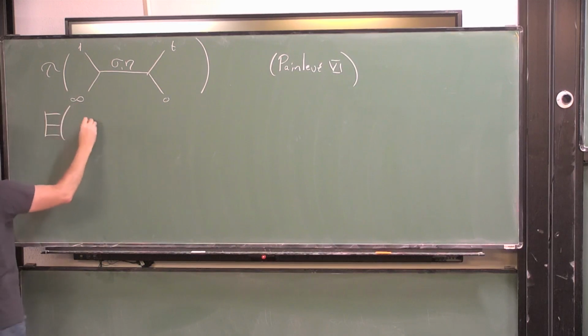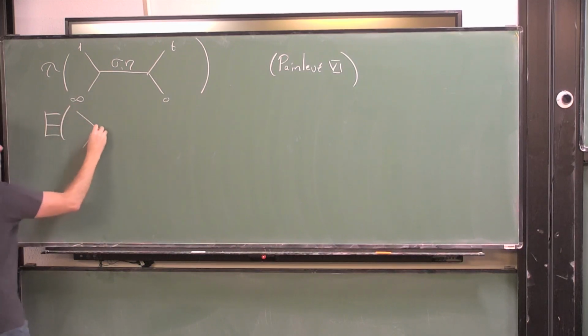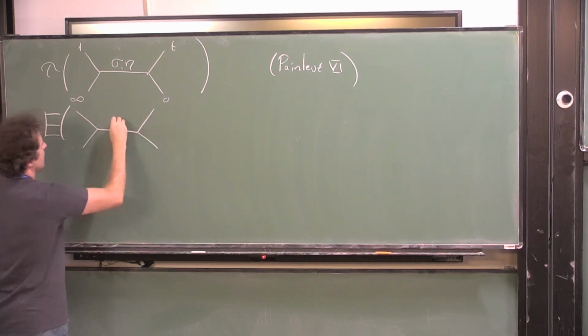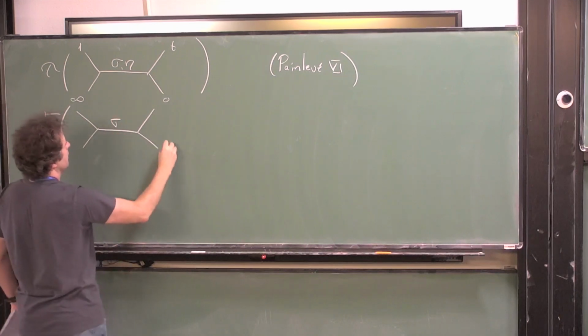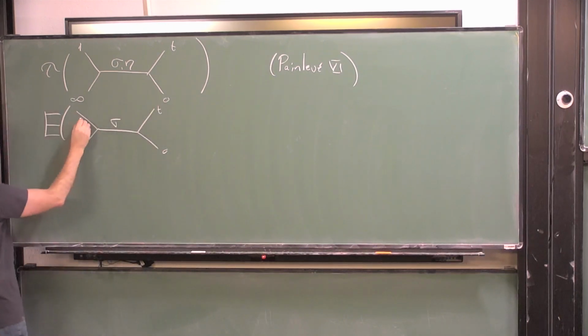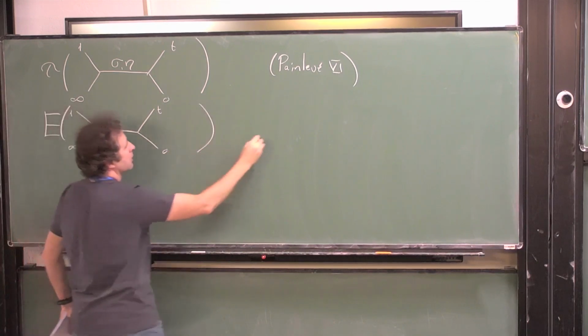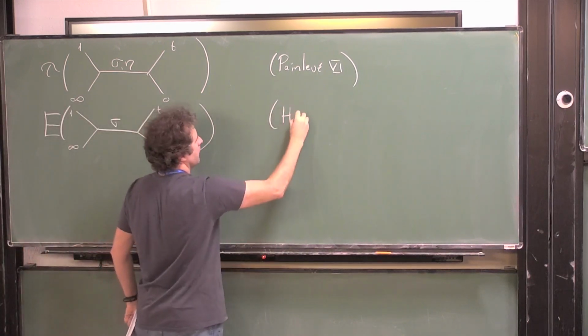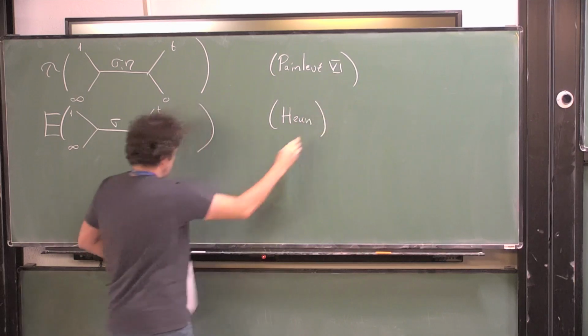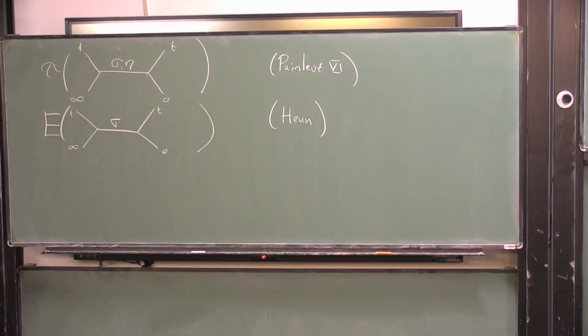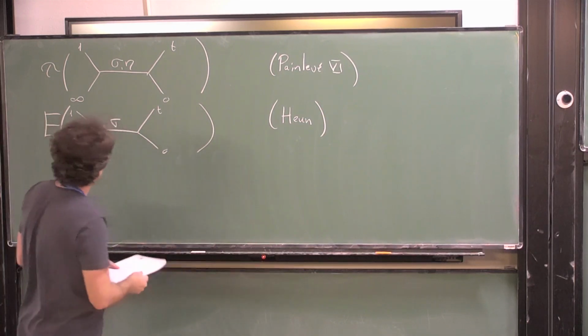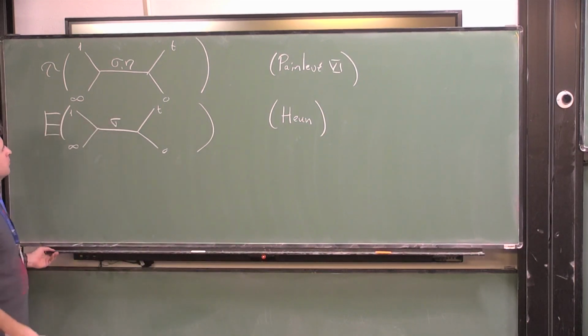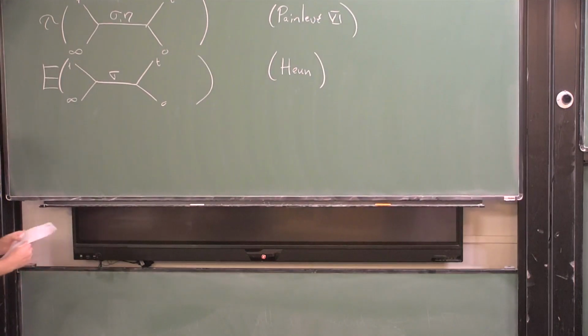A function like sigma with the same data over here for Heun. And the goal of the second part is to link this monodromy problem to conformal field theory.